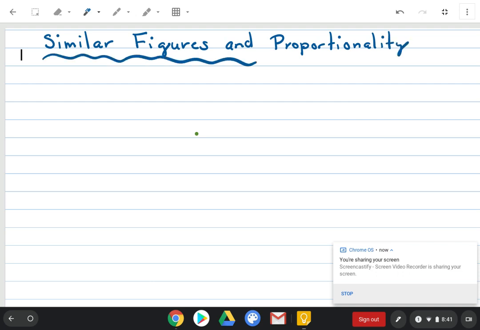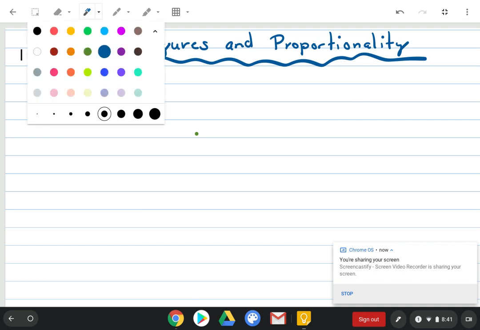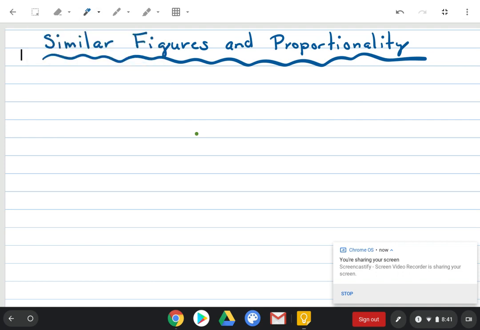Okay, so first thing I want us to have is a definition of what similar figures are.